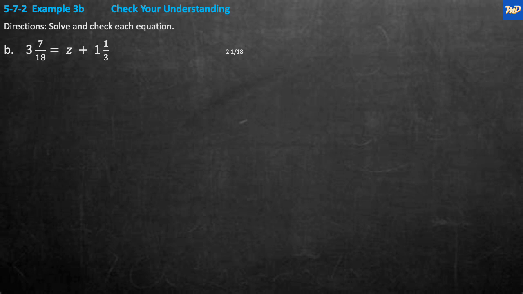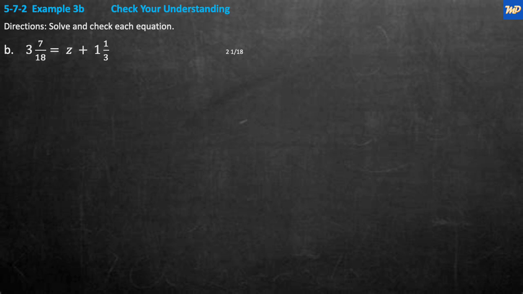Okay? Now that you're back, let's start off by converting these mixed numbers to improper fractions. We're going to start off with 3 and 7/18. 18 times 3 is how much?